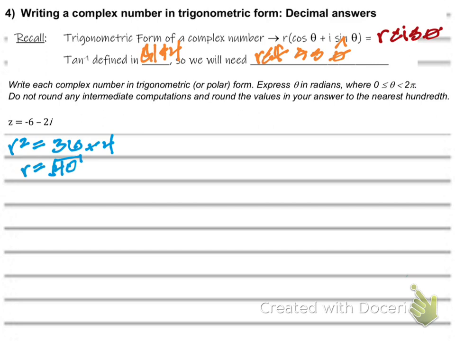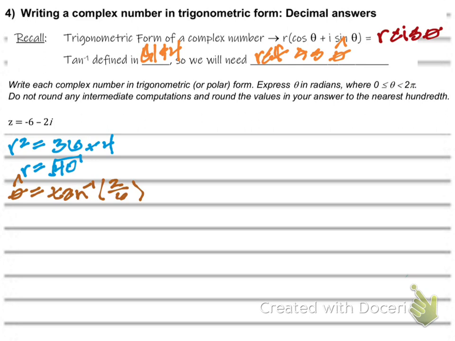So now I want to think about theta hat, my reference angle. This guy's in quadrant 3, right? Because he's negative, negative. So my reference angle here, theta hat, will be the inverse tangent of 2 over 6, right? B over A. And again, I'm using the positive of that because that's going to give me the quadrant 1 guy.